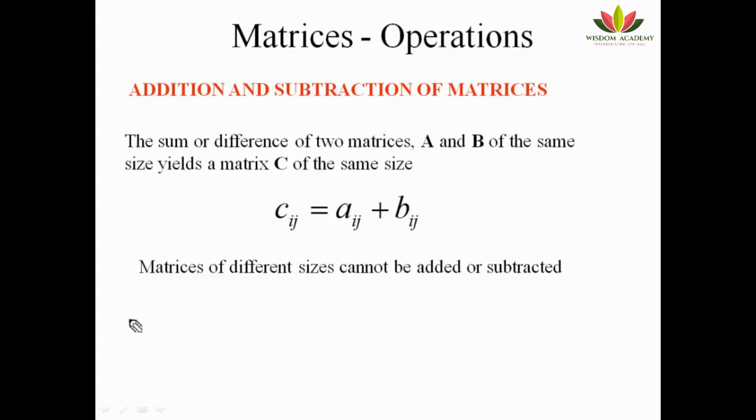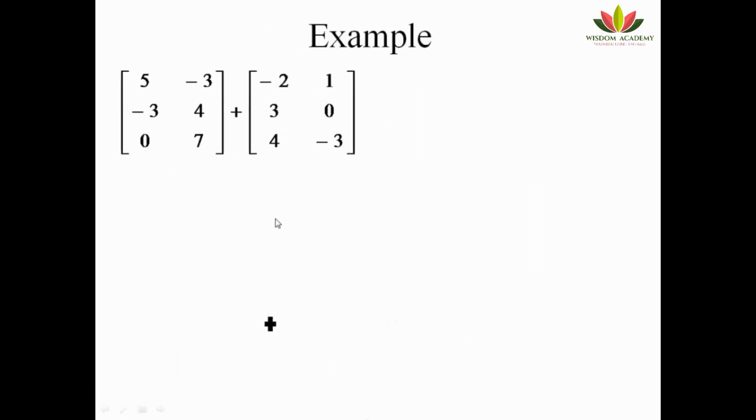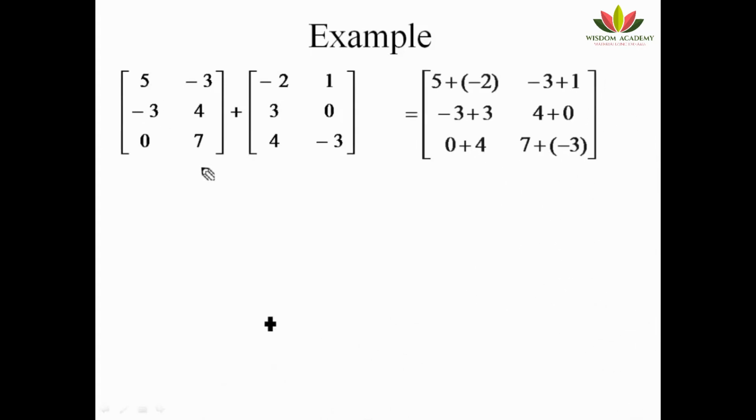So I will show in the example. See here, I have two matrices. What is the dimension of this matrix? 3 by 2. And this matrix is also 3 by 2. So now I am going to add these. What will be the addition of 5 plus minus 2? That is forming the resultant matrix, which will be 3, 0, 4, 4 and 4.